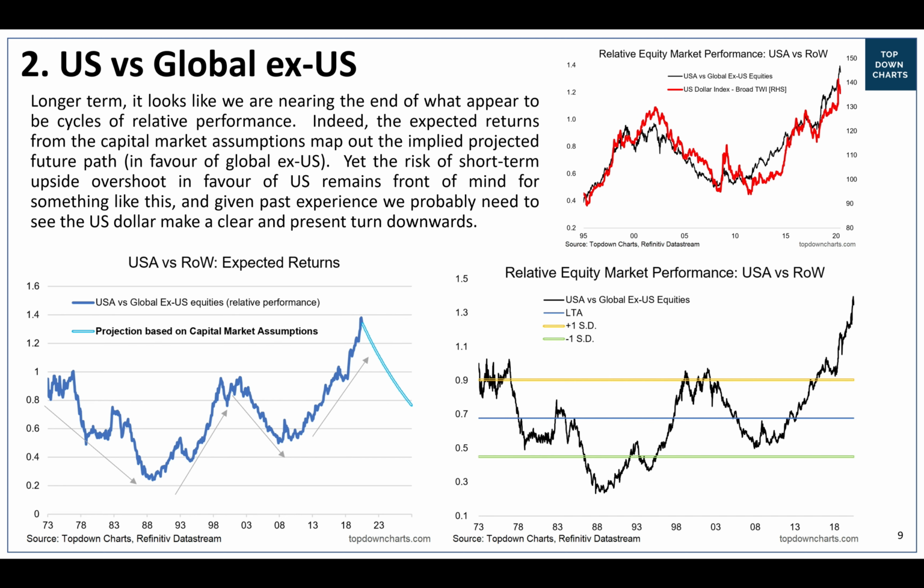So there is that aspect, but probably more meaningful is just the fact that you look at the currency. What does currency reflect? It reflects relative economics, and it's pretty fair to say that over the last 10 years the US has performed better than global ex-US from an economic standpoint.